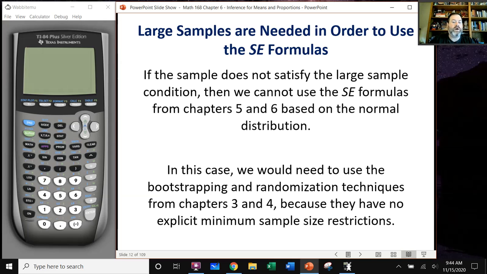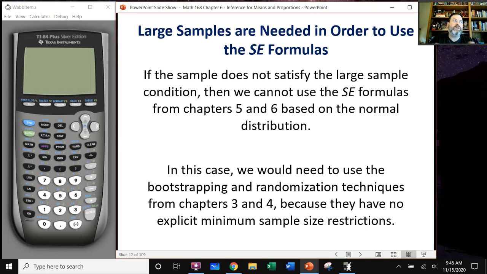The only requirement for a bootstrap or randomization distribution is that the distribution is symmetric. It doesn't need to be bell-shaped, right? When we're using these standard error formulas, we do require that we have a bell-shaped distribution. And so small samples might cause the distribution to not be bell-shaped.